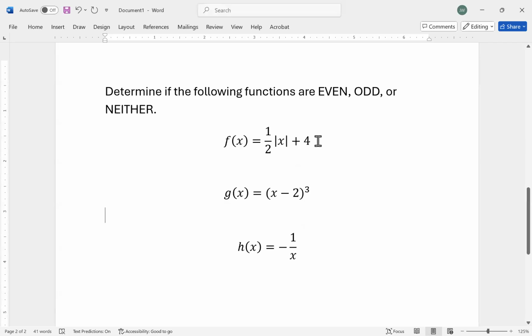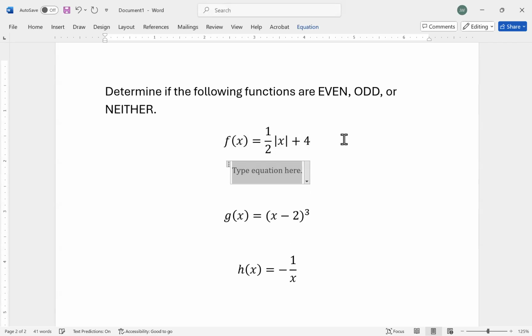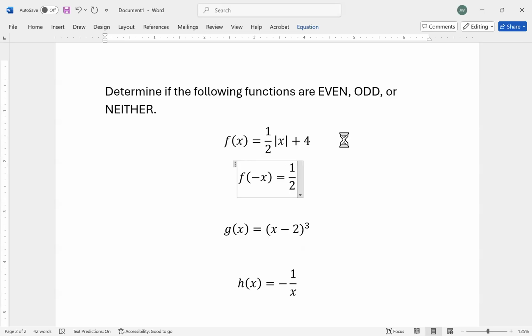Okay, in this first one, f of x, what we would do to check algebraically is plug in a negative x. That would give me 1/2 times the absolute value of negative x plus 4.